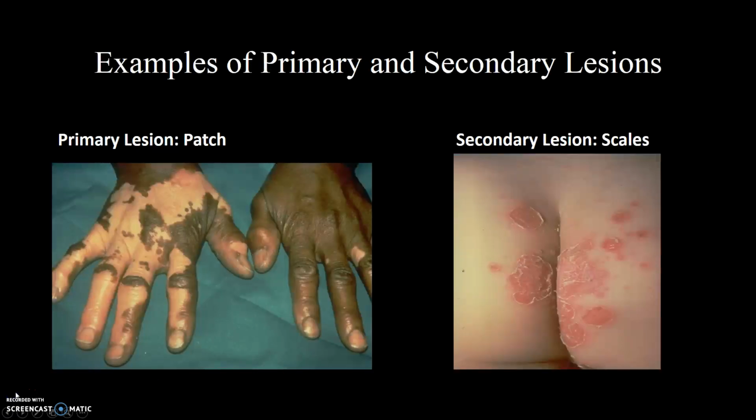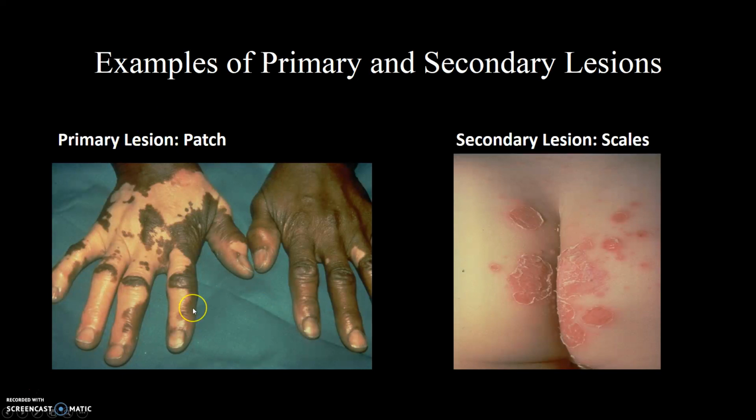So here's a brief look at that patch I talked about in the earlier slide, the primary lesion. This is vitiligo. The patch happens to be related to melanocytes that have had an immune deficiency and are no longer responding to create color within the skin.